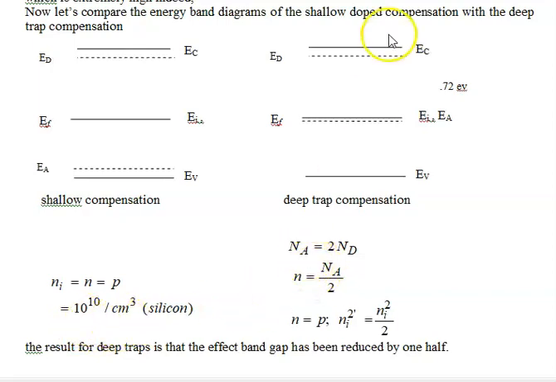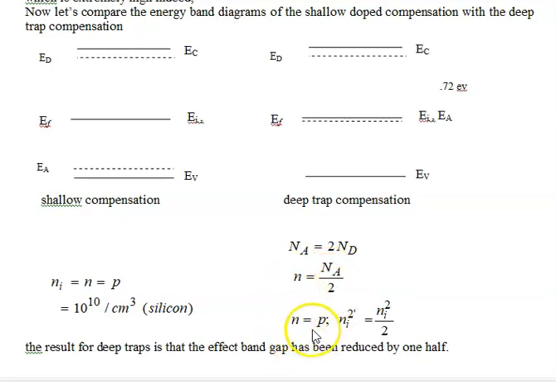In this case, for the deep trap case compensation, I have that the number of acceptors is equal to 2 times the number of donors. Remember, we said the number of donors is 10 to the 16th. The number of acceptors is 2 times that. Therefore, the number of electrons in the conduction band is Na divided by 2.